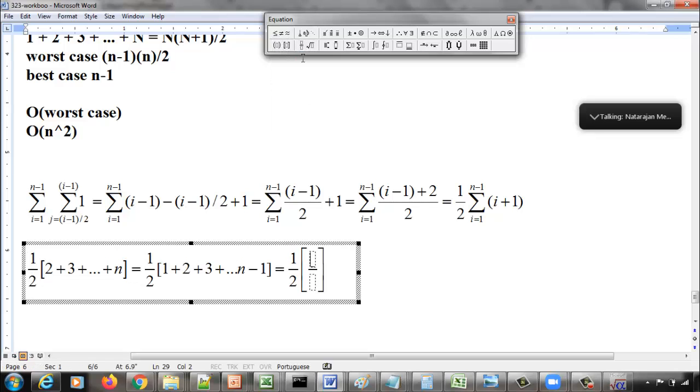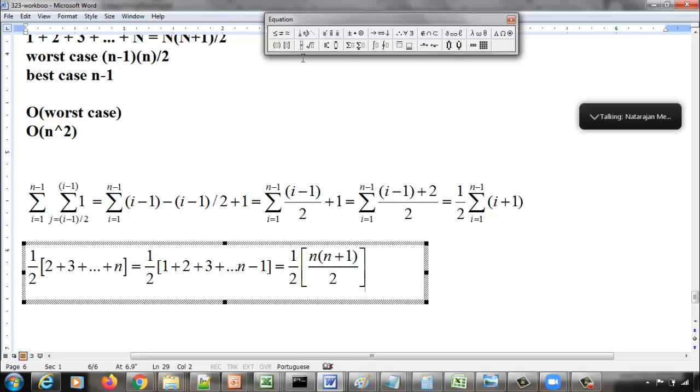So n times (n plus 1) over 2, minus 1. If you simplify this further, you will basically get n square as the most dominating term.